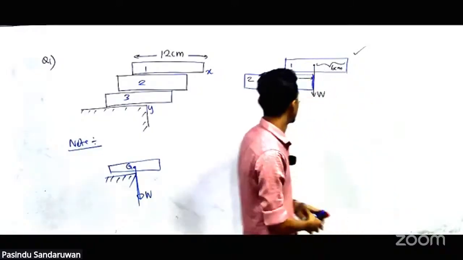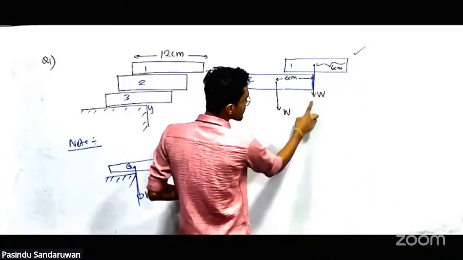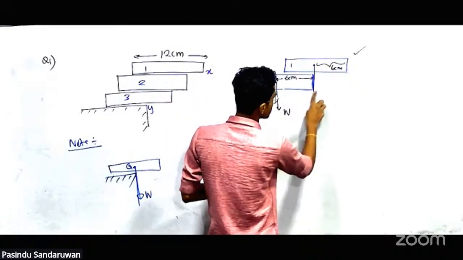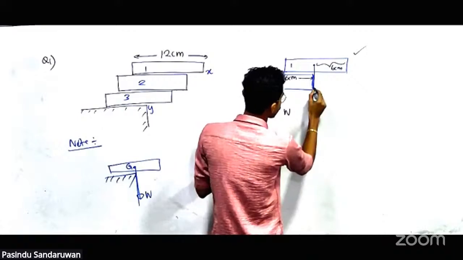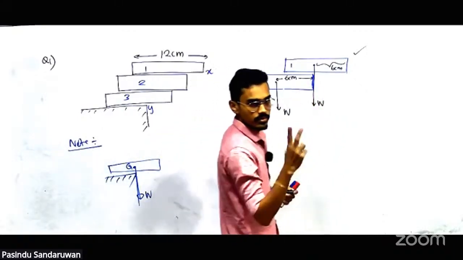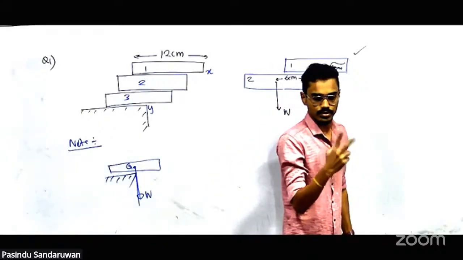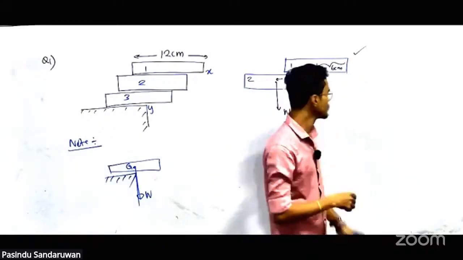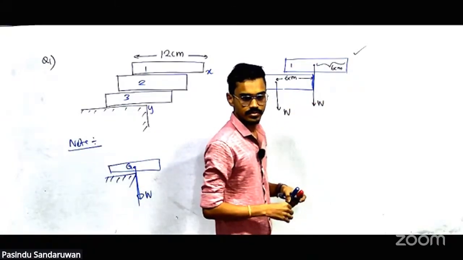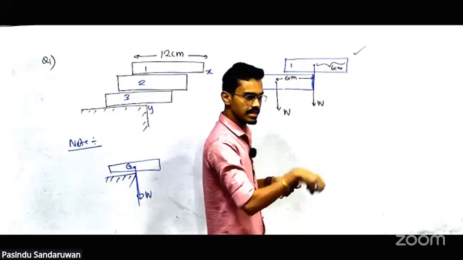Same thing. The weight of this one is acting at the edge of the second book. So for the second book, there are two forces, W and W. It's one W and the first book's weight, right? Both of them should be balanced by the second book.